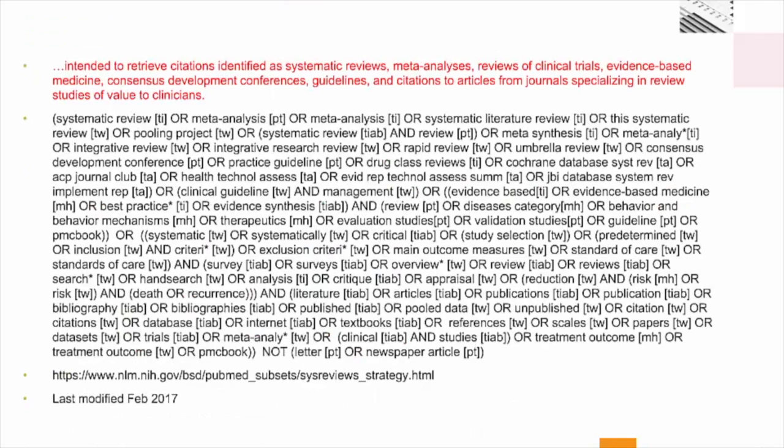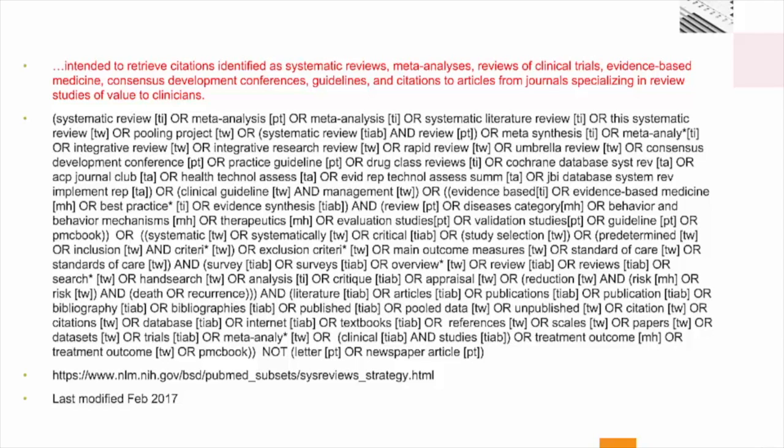So just to give you an example of a context issue, this is the PubMed systematic reviews filter that's built into the PubMed interface. And in red you can see the objective of this filter. It's called the systematic reviews filter, and it starts off saying it's aiming to retrieve systematic reviews and meta-analyses and reviews of clinical trials.